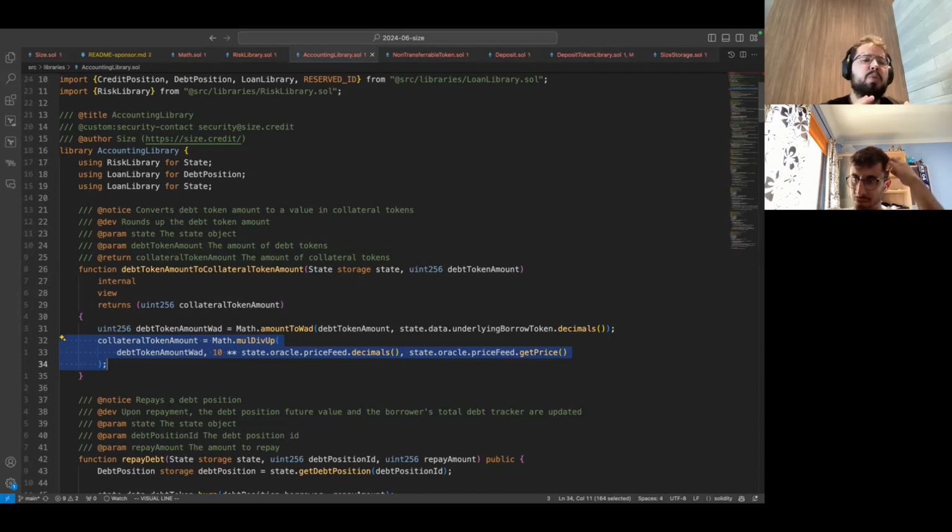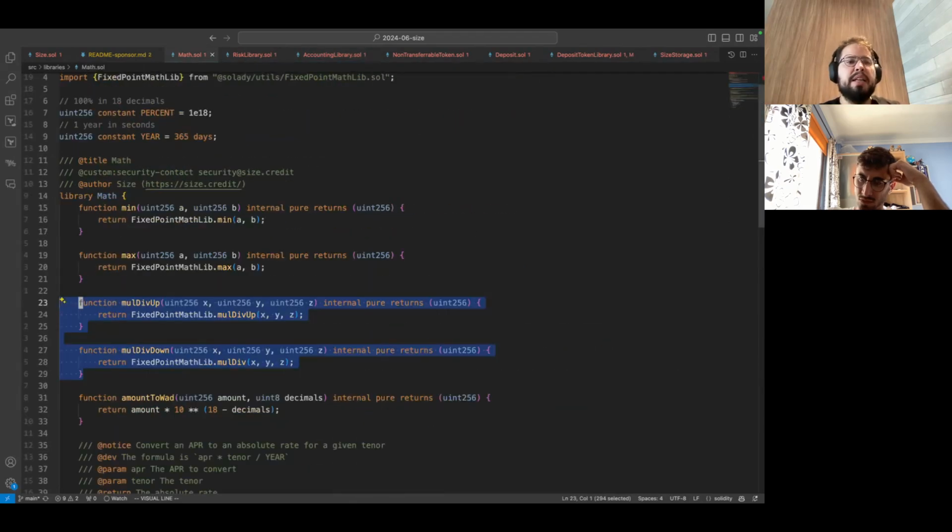And basically they will pay the dust amount because of this rounding up. That's the idea here. Yeah, so this is why we round up here, and in other places we round down. So there's always this conscious decision of whether to round up or whether to round down.